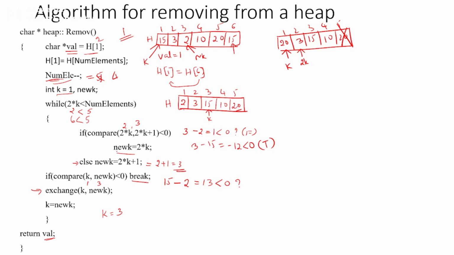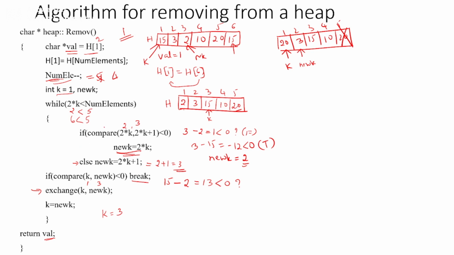So what you need to do is new k equal to 2k. So new k now is nothing but 2 into k, k is 1, so 2. So this will be your new k. So new k is equal to 2 now.